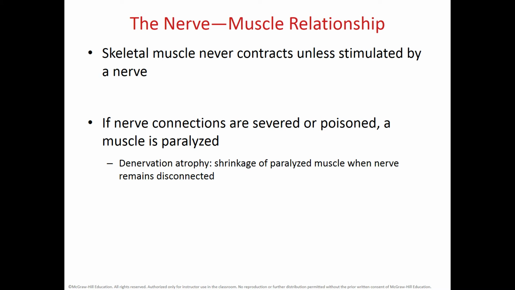So there is actually very close proximity between a nerve and a muscle fiber, but there is a gap in between. And the muscle fibers will be stimulated when they receive a neurotransmitter, which is a chemical, from the nerve. So the nerves will release this chemical so that the muscle fibers can contract.